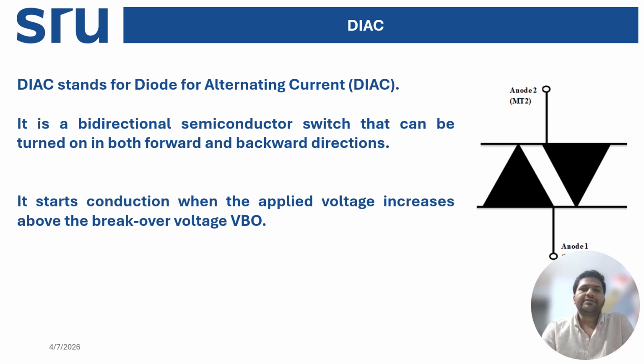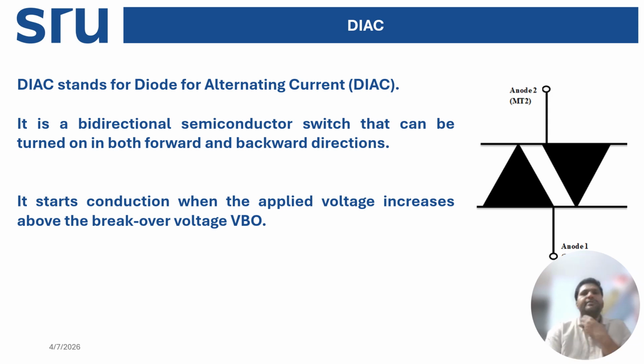So now construction of the DIAC. The DIAC typically has 3-layer or 5-layer semiconductor structure. It does not have a gate terminal unlike the TRIAC. It has only two terminals, terminal 1 and 2. It is denoted anode 1 and anode 2.